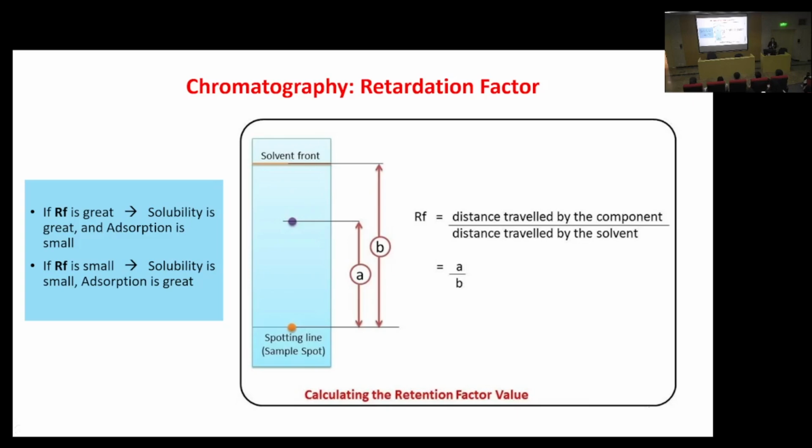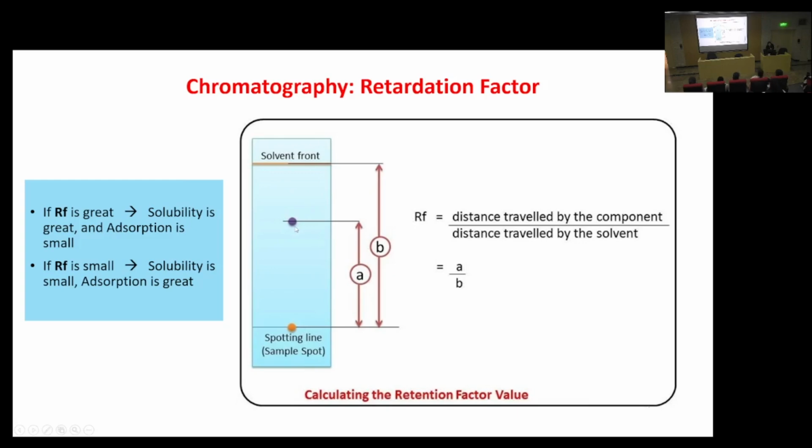And so you can imagine if the retardation factor is great, what does that mean in terms of solubility and affinity to the solvent? It's high. If it has high affinity to the solvent, or in other words, it has high solubility, then it will travel more, so that value becomes larger, and therefore the RF will be larger.